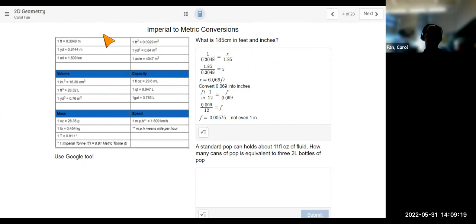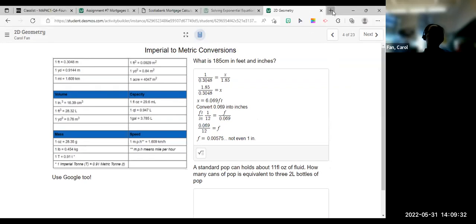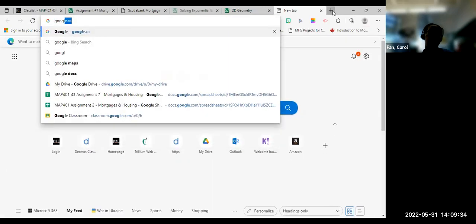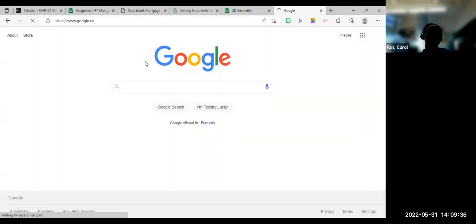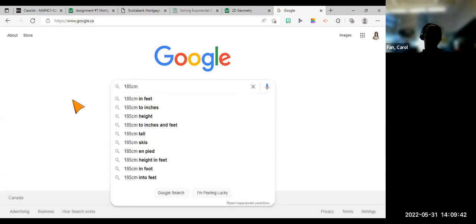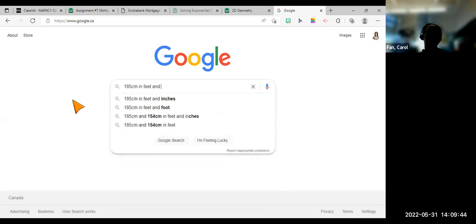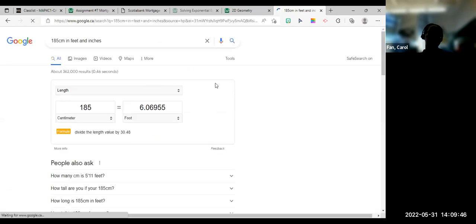But now a majority of people have smartphones and data, so you could be anywhere and be converting. So let's go to Google, and you can just type in the conversion: 185 centimeters in feet and inches. And it'll do it for you.